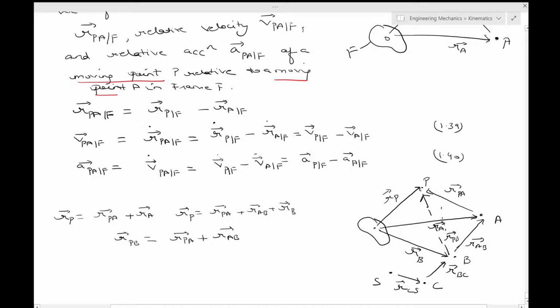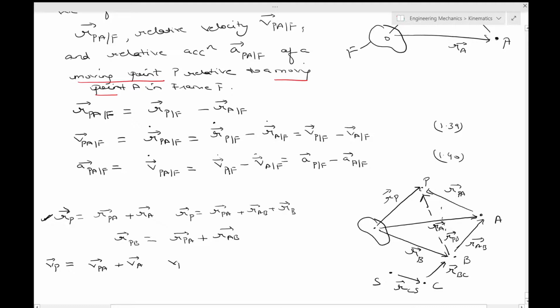Okay, similarly the relative velocity. Combined, let's write all of it. VP is equal to VPA plus VA. Just by taking a derivative with respect to time of this expression, we can write this.